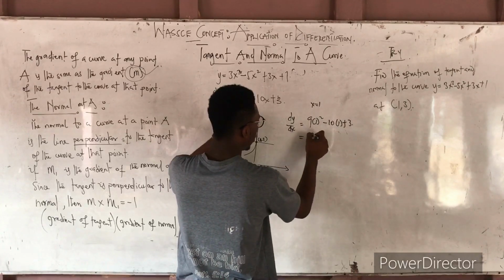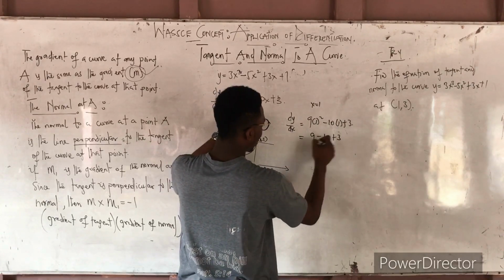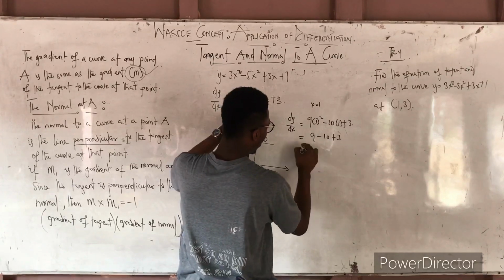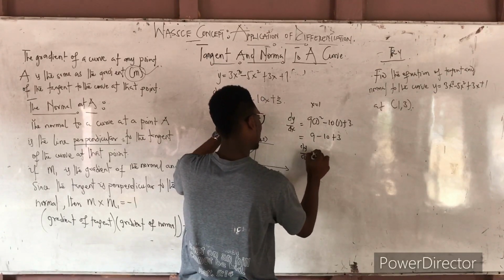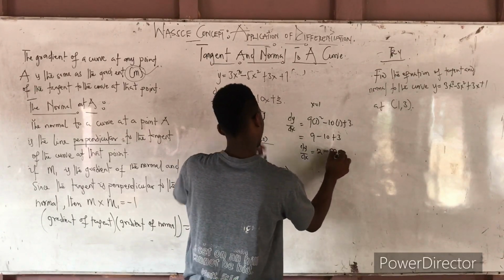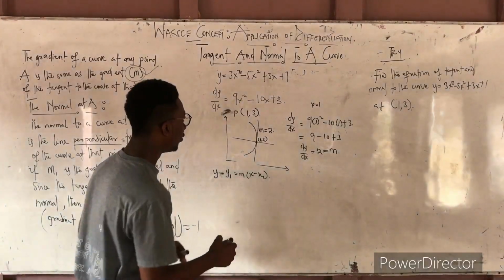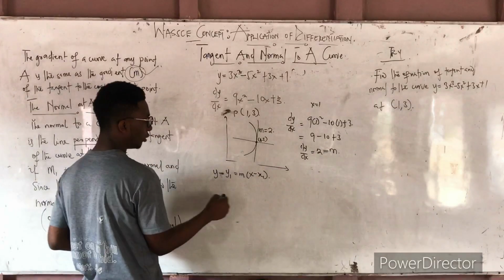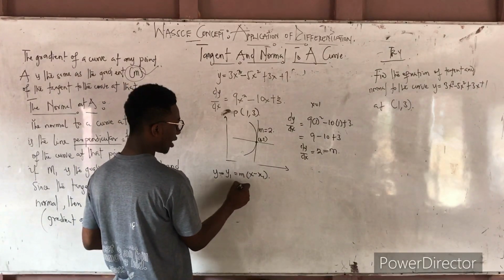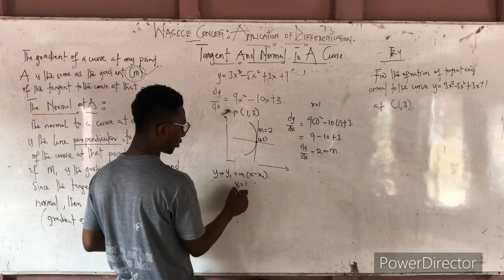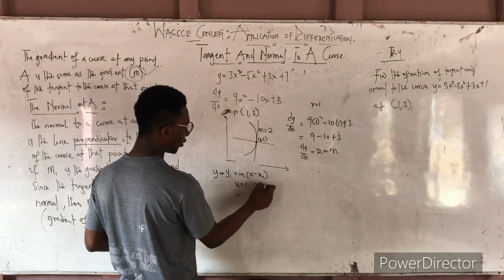So this gives you 9 minus 10 plus 3, which is 2. So dy/dx is equal to 2, which is the gradient of the line. So the gradient of the tangent here is 2. If the gradient of the tangent is 2, then we can find the equation of the line at point x1 equal to 1 and y1 equal to 3.